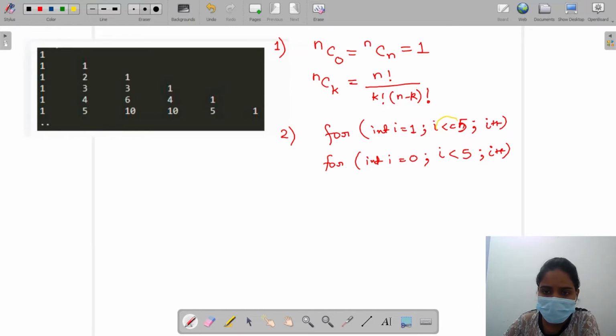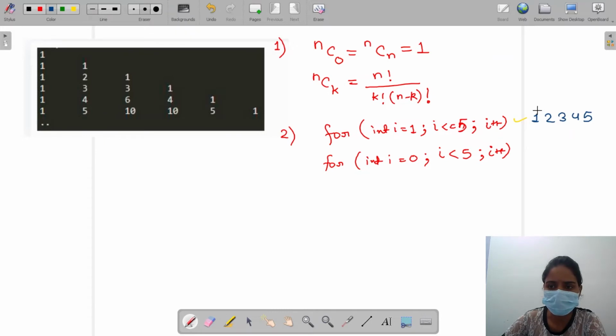Here I have written less than equals to 5 and started i from 1. Here I am starting i from 0 and written only less than. Can you tell me how many times each for loop will run? For the first loop: for 1, 2, 3, 4, when i becomes 5, 5 is less than equals to 5, condition true. Then when i is 6, 6 is less than equals to 5, no. So this for loop runs 5 times.